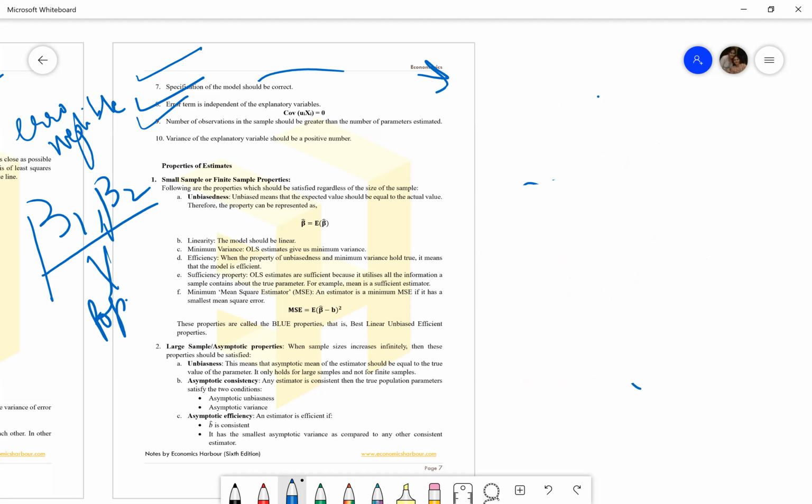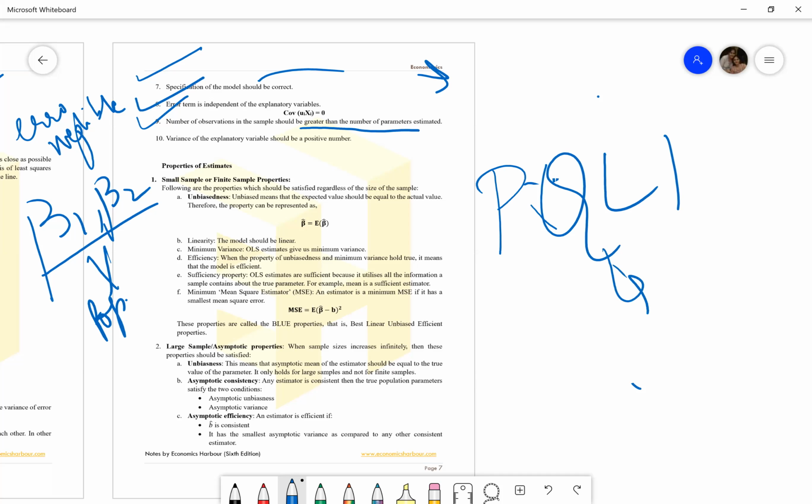Ninth is that the number of observations in the sample should be greater than the number of parameters. For example, you are trying to estimate, let's take into consideration your PQLI index. They have 3 variables in the model.